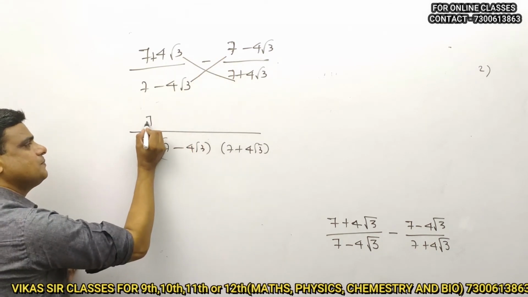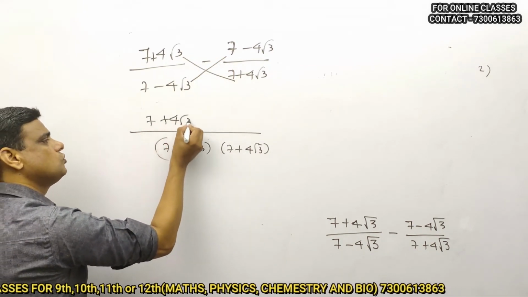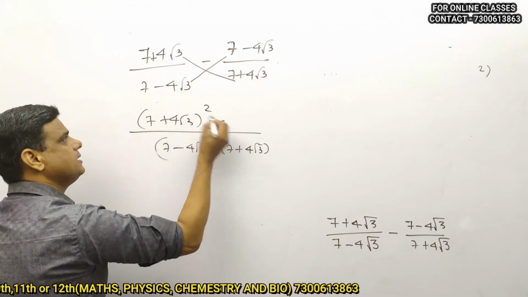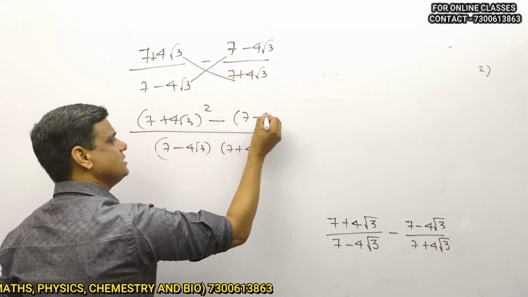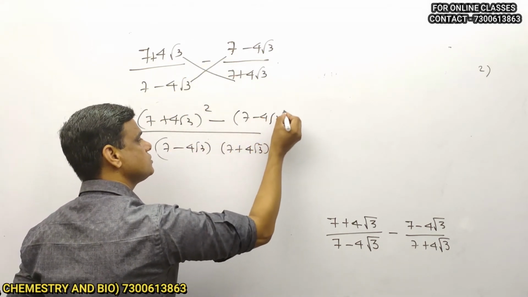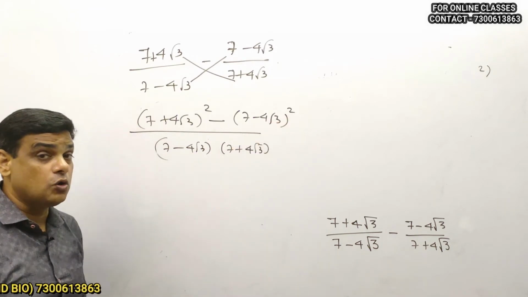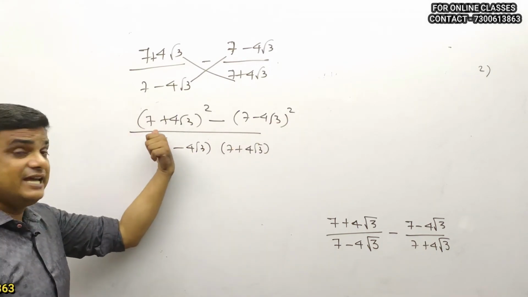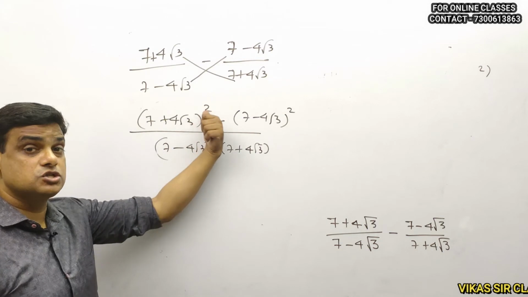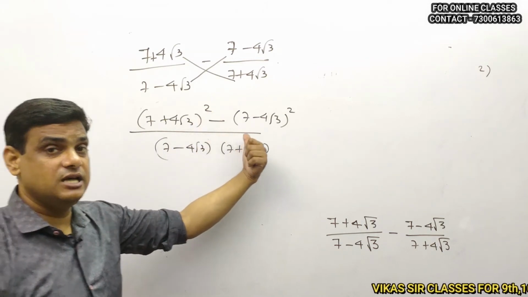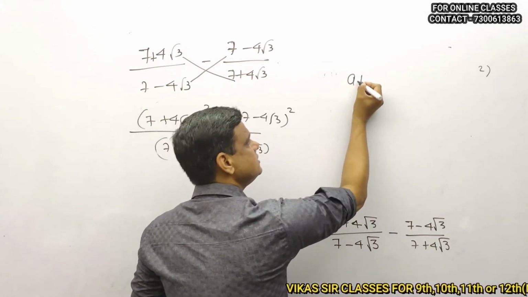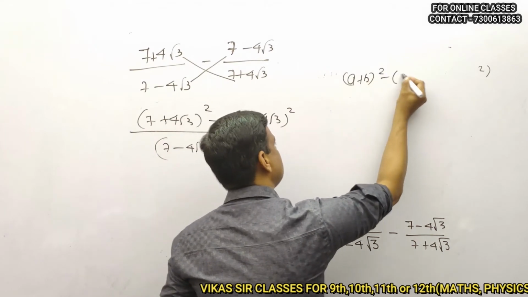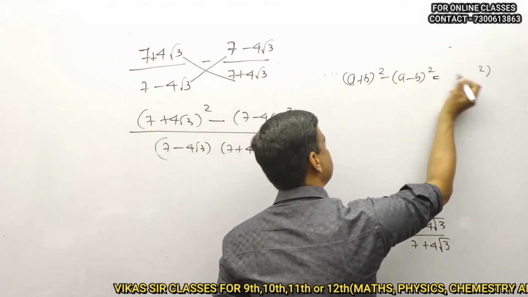Cross multiplication. So it is 7 plus 4 root 3 whole square minus 7 minus 4 root 3 whole square. Now let's see. A plus B whole square minus A minus B whole square is what?